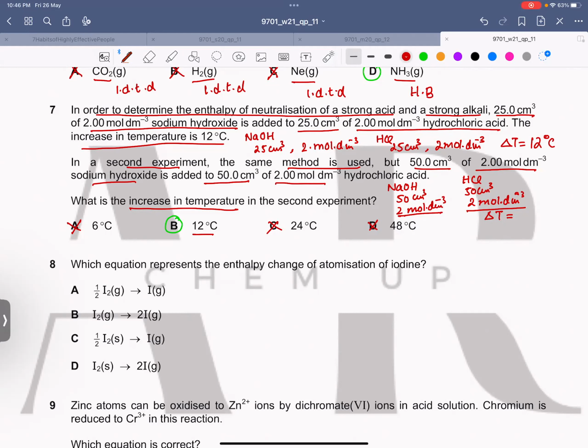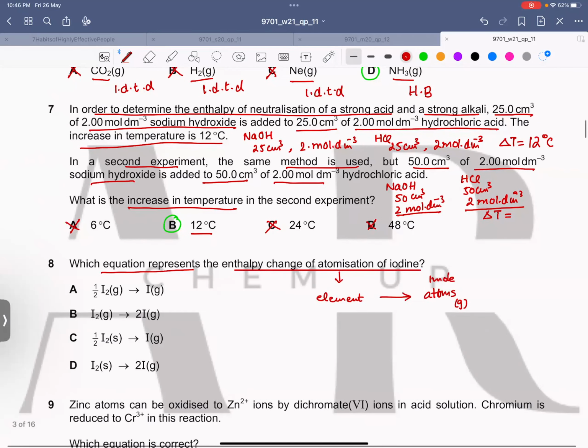Now question number 8. Which equation represents the enthalpy change of atomization of iodine? For enthalpy change of atomization, you must remember that it is the case in which an element turns into gaseous atoms, and the quantity of gaseous atoms would be 1 mole.